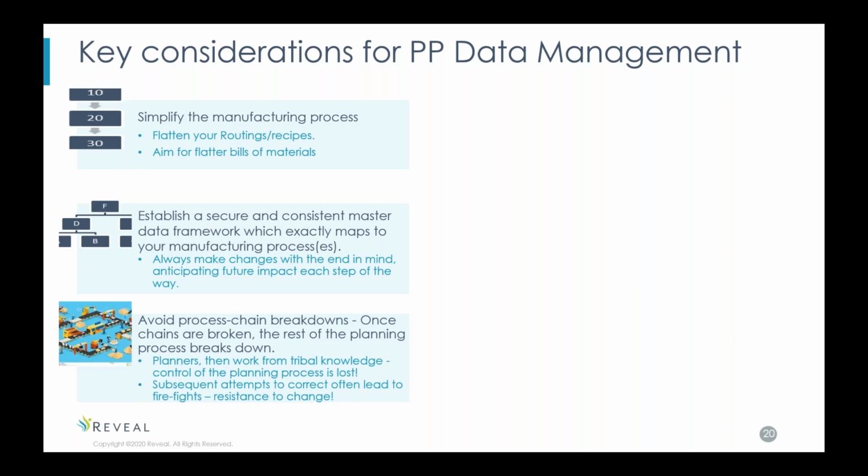Flatten your bills of materials if you can, if it's possible. When you make changes to your master data, be in control of the upstream and downstream impacts. Avoid actions that may lead to the creation of that informal system that we have talked about.